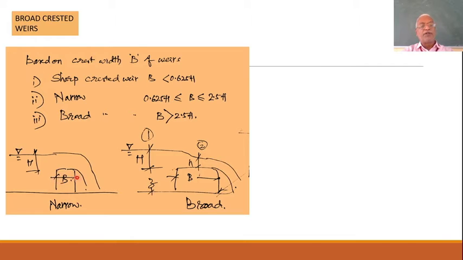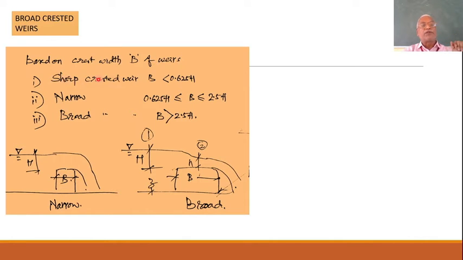The width is shown as B here, and the head over the crest is shown as H. If you compare the size of H and B, we'll be able to classify the weir as sharp, narrow, or broad crested, and the ranges in which B and H should be so that they are called so is listed here.